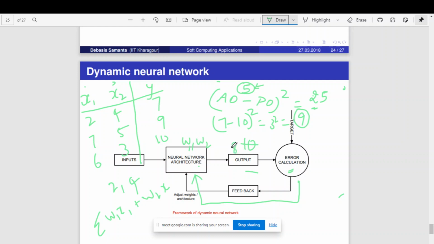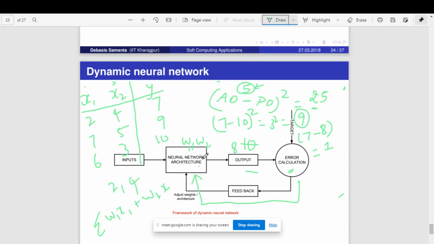Now how much is the error? The actual output is 7 and the predicted output is 8, so the error is 1. Now this is the new error, and again this will be given as feedback, and once again it will update.